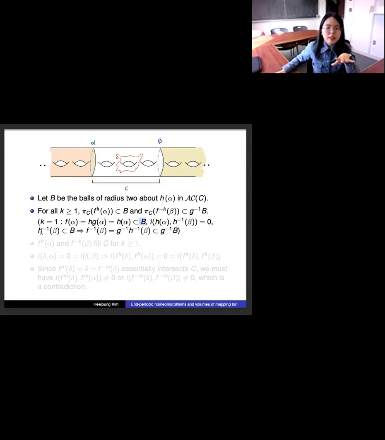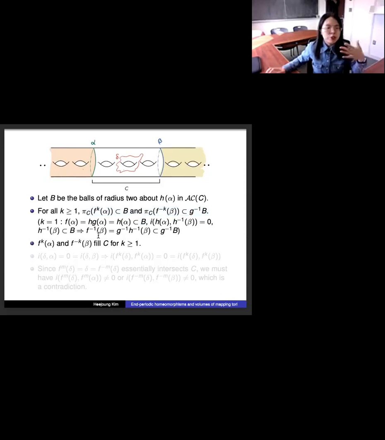So H inverse beta is actually in B. And then now we think about G inverse, so this guy is in G inverse B. Okay, and then by using induction, we can prove this.